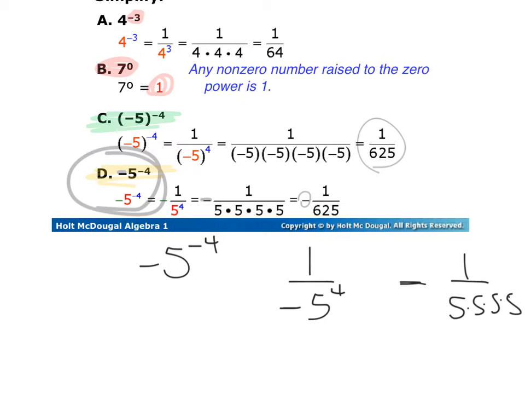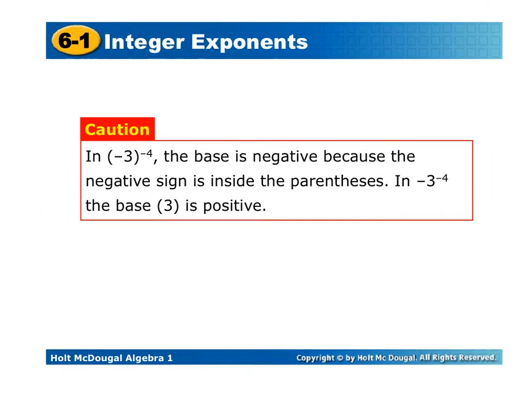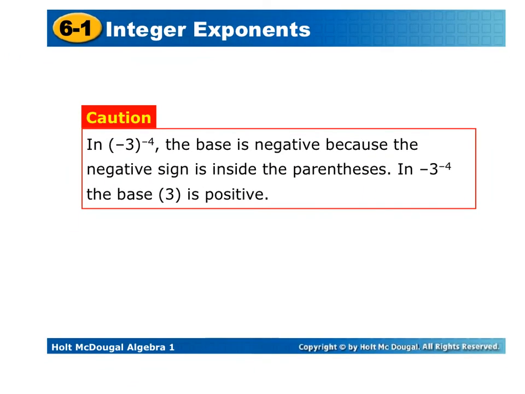Good so far? All right, let's look at another example. Now, on this one, the base is negative because the negative sign is in the parentheses. However, on this one, the base is a positive 3. You're not looking at it with the negative sign. It's not being held tight in parentheses, so that negative sign would drop.